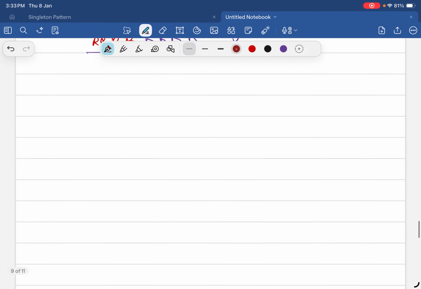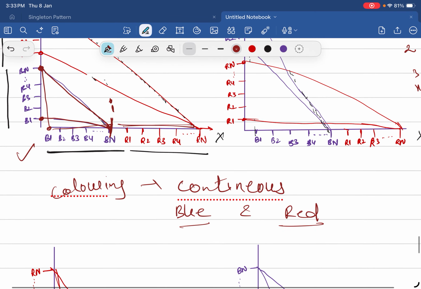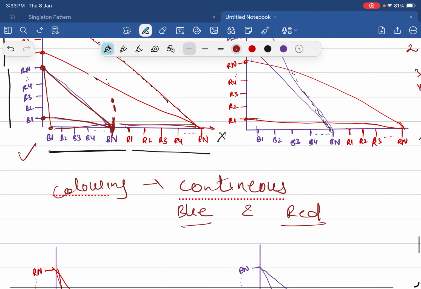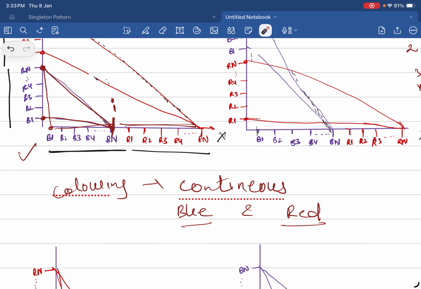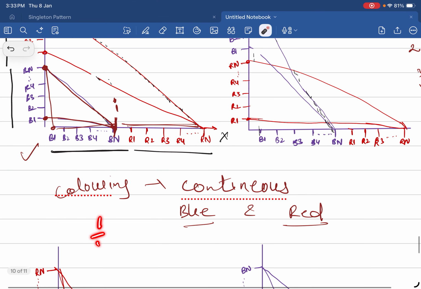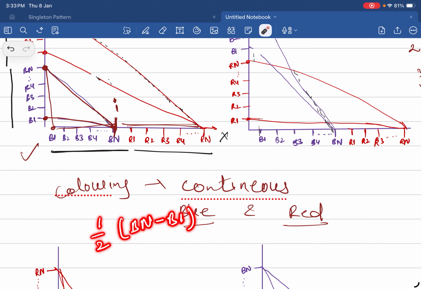So if till this point I have blues and then I have red, then to find the area of the first triangle, it will be half bn minus b1 into bn, which is x.